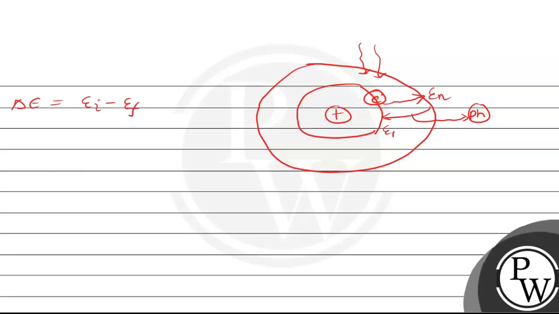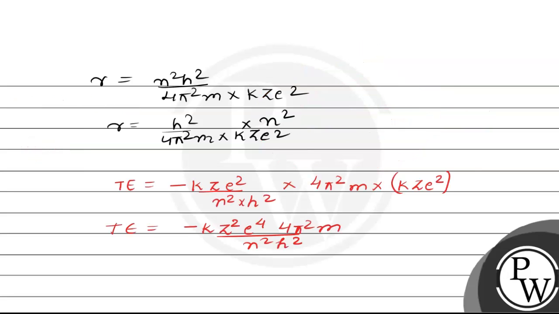So delta E, the energy of the photon which is emitted, can be written as hc upon lambda. Initially it was at the nth energy level, so we can use the total energy expression for the nth orbit.